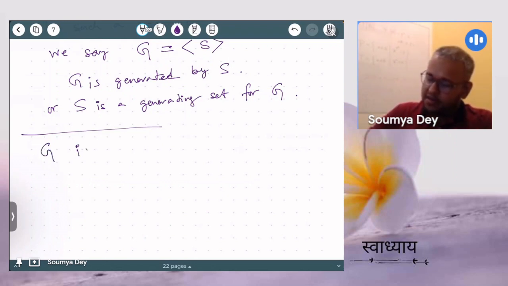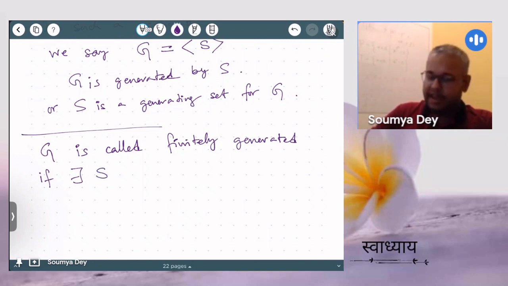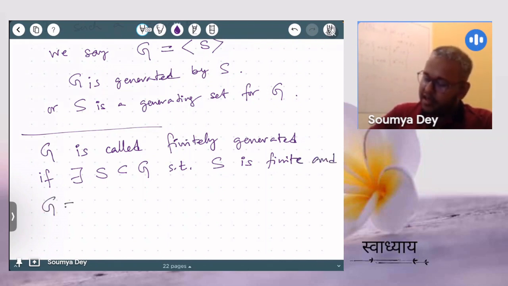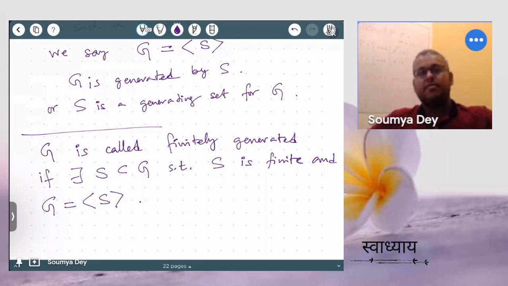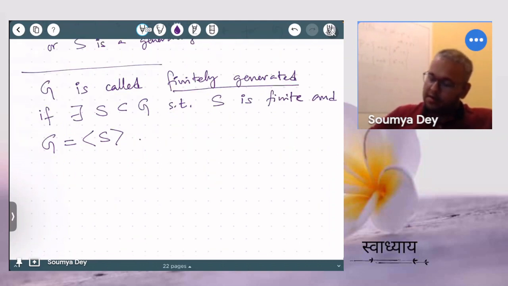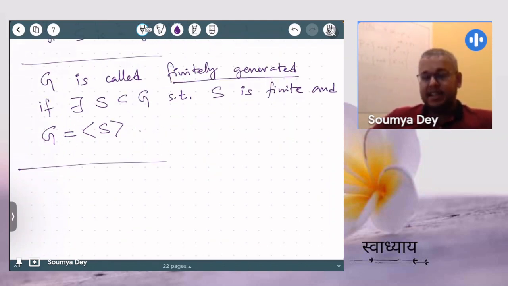Okay. So this is the definition of a finitely generated group. So G is called finitely generated if there exists some subset S of G such that S is finite and G is generated by S. Now, we are concerned with finitely generated abelian groups.